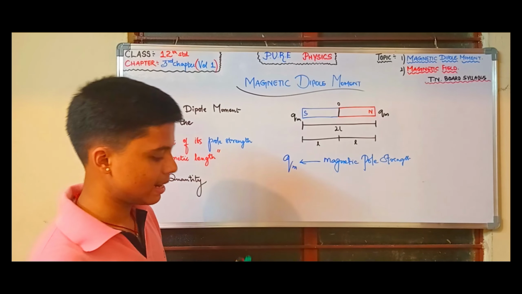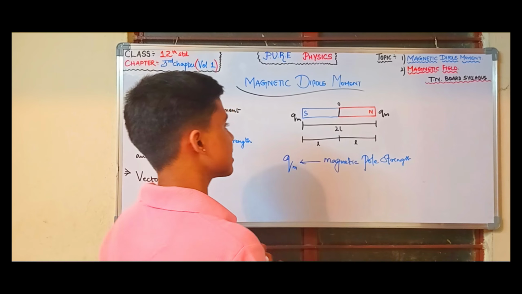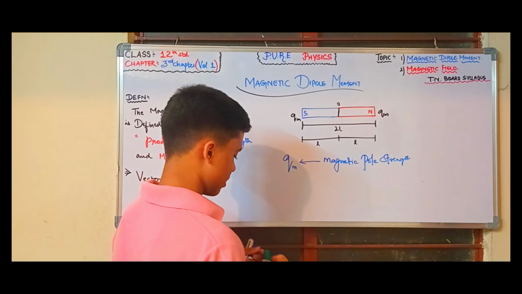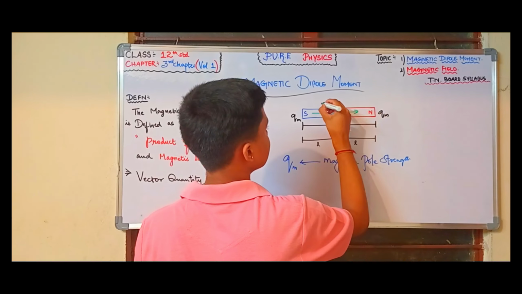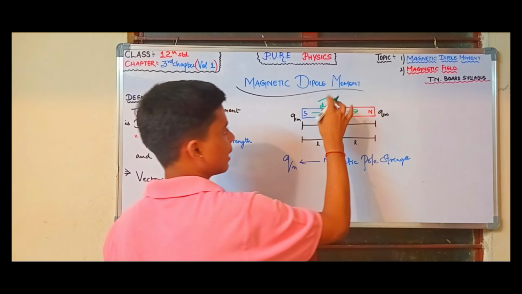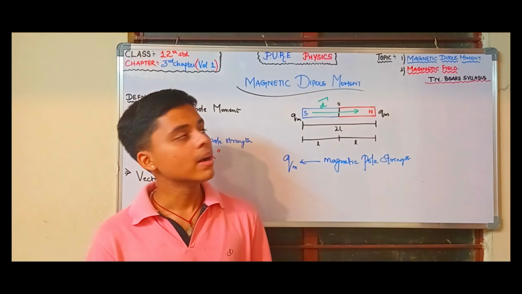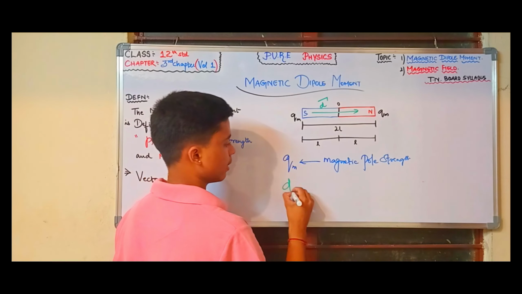So I'll just draw a vector on this bar magnet. This green line, or this green vector, is called the d vector. What is this d vector?